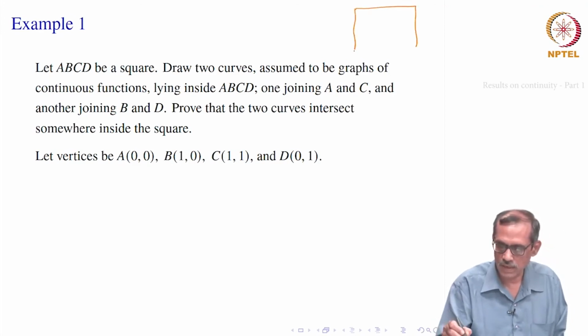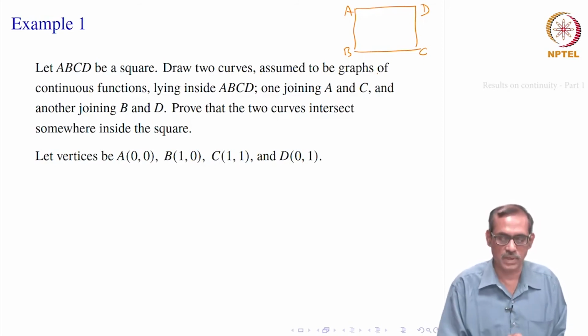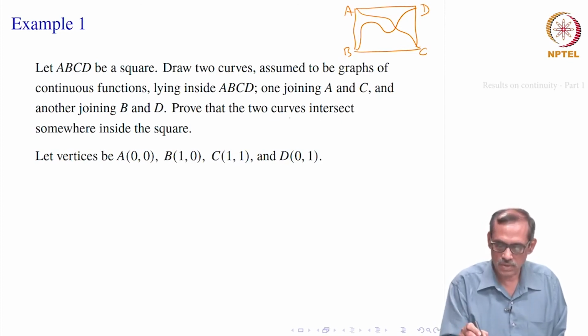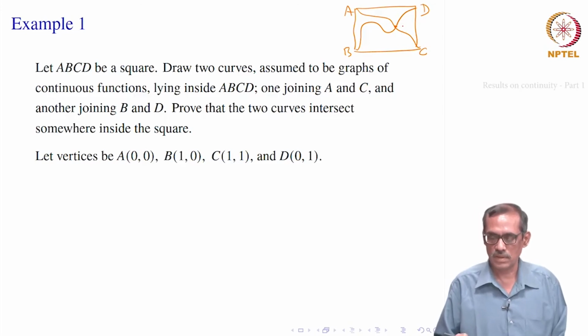We have the square, say ABCD, and we are trying to draw two curves which are assumed to be graphs of continuous functions lying inside ABCD. They will not go away. One joining A and C, another joining B and D. Suppose A and C, so it is something like this, and another is something like this, B and D. They lie inside. So, obviously, what is asked is to show that the two curves intersect somewhere inside the square. It is intuitively very obvious, but we require proof.